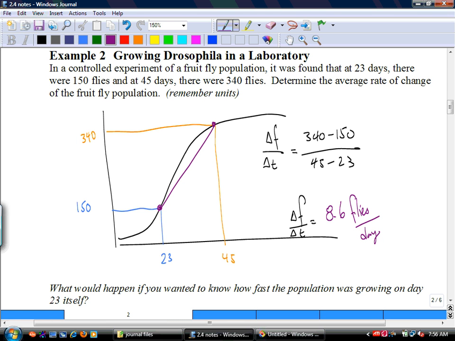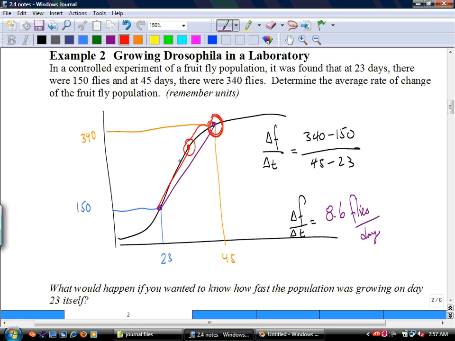Fruit flies. Ugh. Okay. What would happen if you wanted to know how fast the population was growing on day 23 itself? I'm going to take this point here and slide it back to here and draw a new secant line.